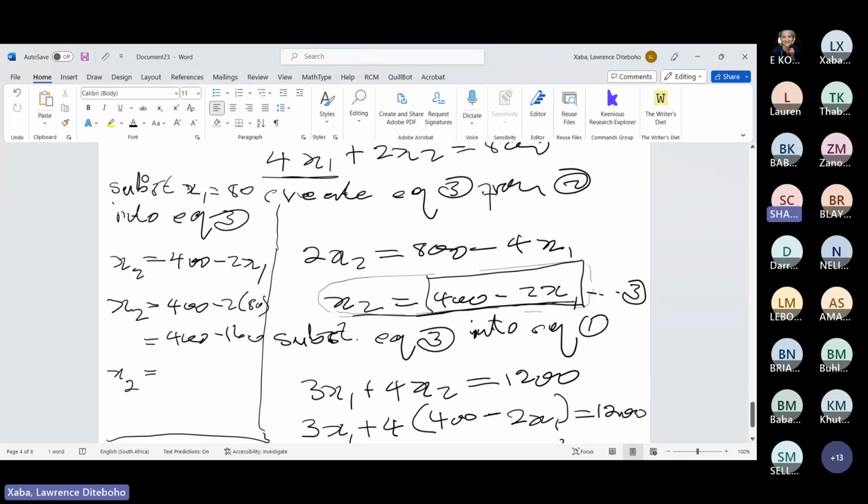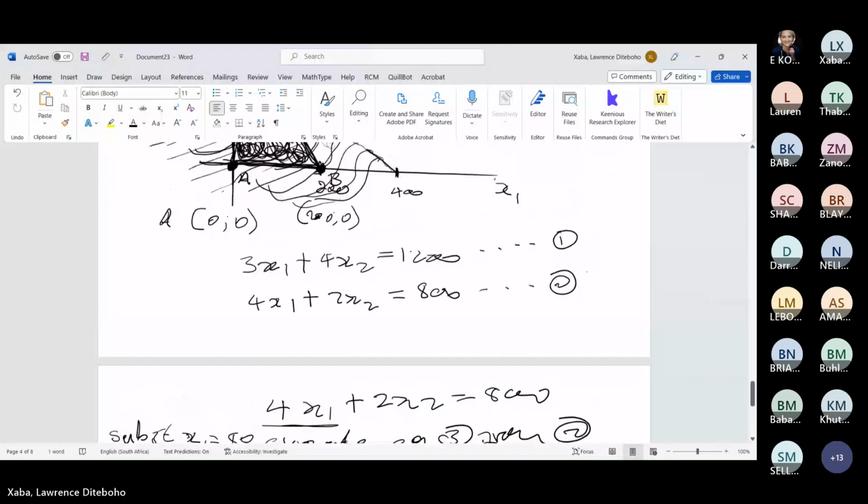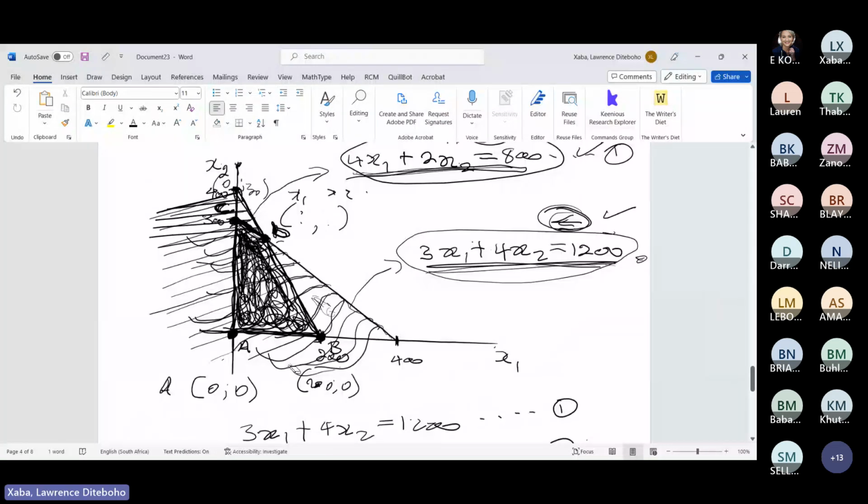The answer is 240. So the unknown point D: x2 here is 240.